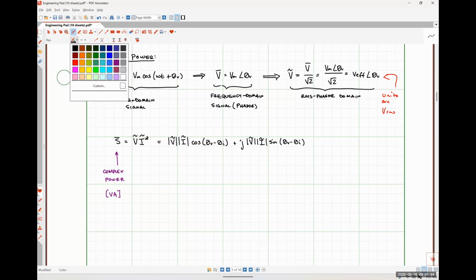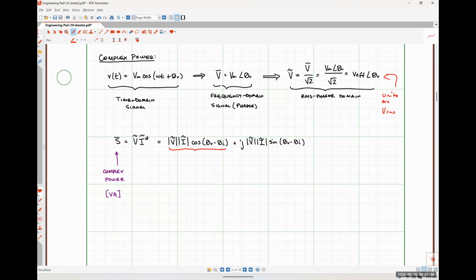Okay. So this part right here is literally just our average power, which we already know is usually expressed in watts.